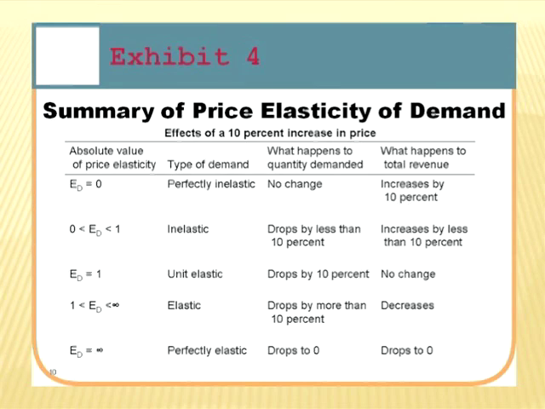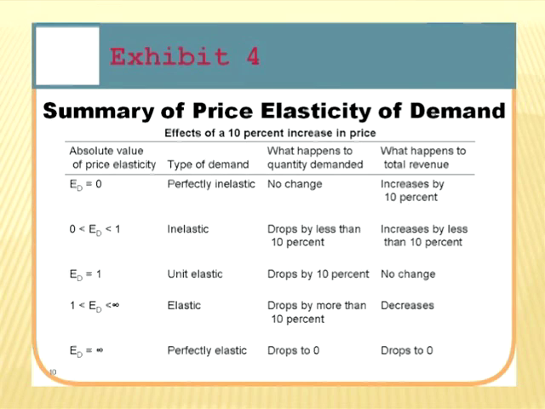In the inelastic portion, which means that the elasticity coefficient is less than 1, we would have a drop by less than 10% as a result of a 10% increase in price, and we would have an increase by less than 10% in total revenue.